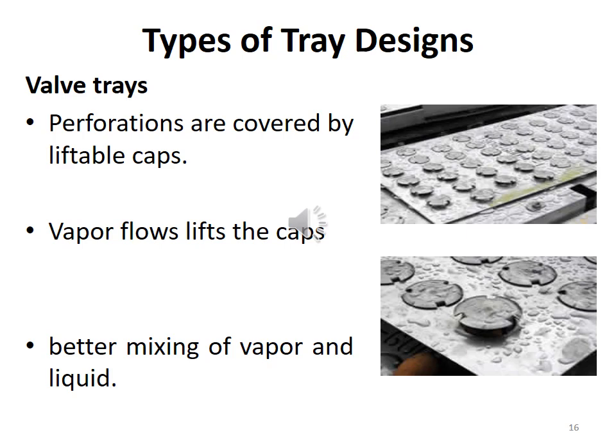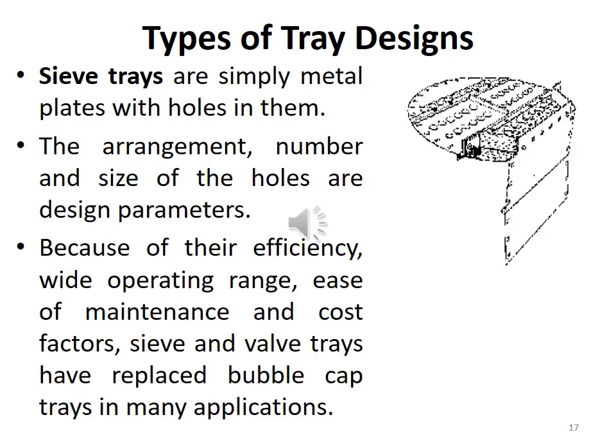The lifting caps direct the vapor to flow horizontally into the liquid, thus providing a better mixing of the vapors and the liquid than is possible in these valve trays. The basic objective of the tray design is to provide an opportunity to mix the vapor and the liquid in a better way.